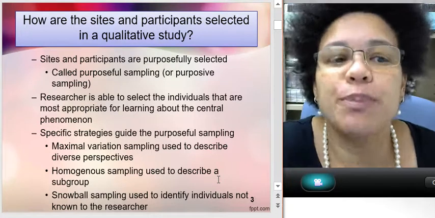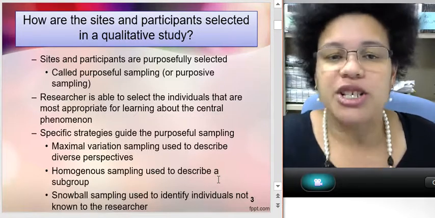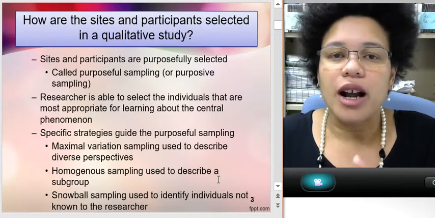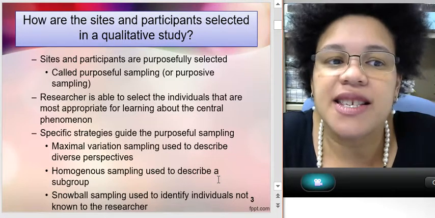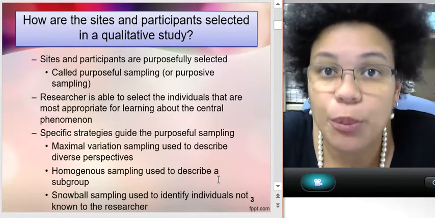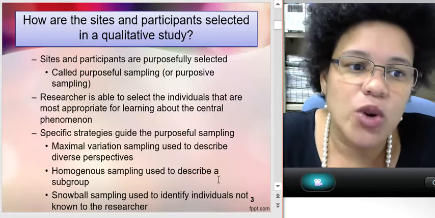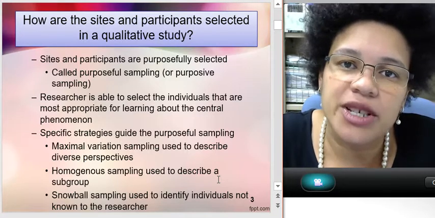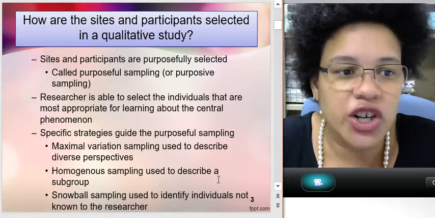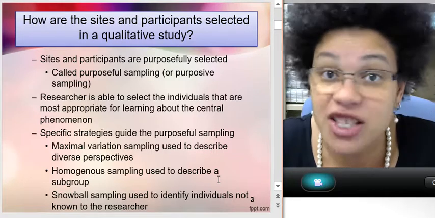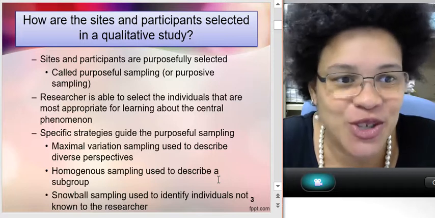We're going to purposefully select particular sites or particular participants within a site. This is purposeful sampling or purposive sampling. We're trying to select the participants who are going to be most appropriate for us learning about our central phenomenon, for us answering our research question.